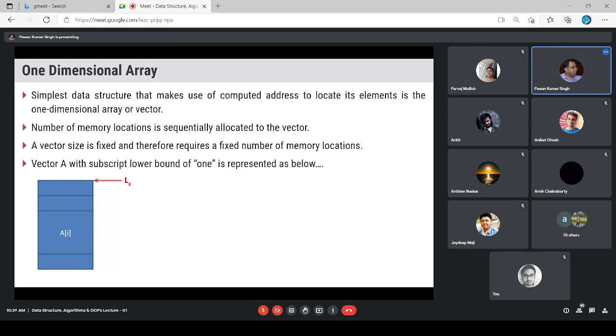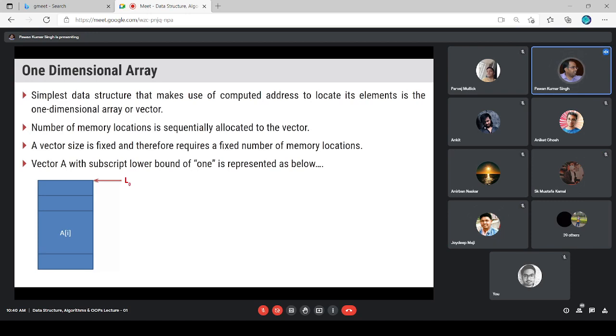You can define these memory locations at the beginning, or you can also define at compile time. By using malloc, calloc. You know malloc, calloc, all these functions for dynamic allocation of the array. Yes, sir. So you know all this.